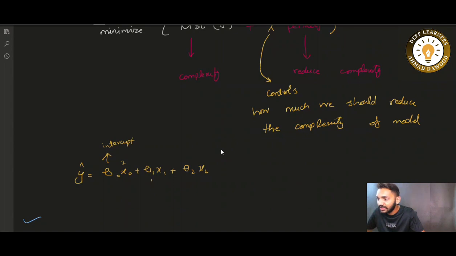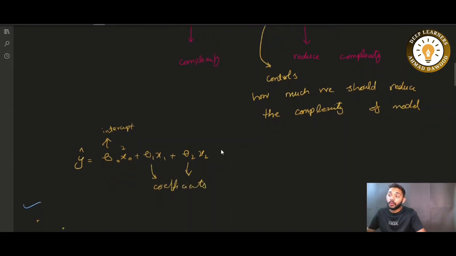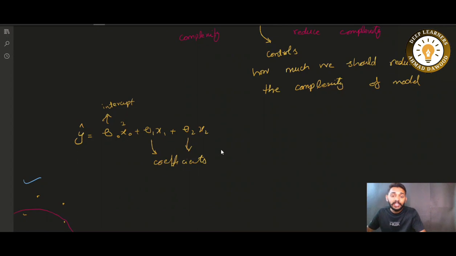Theta 1 and theta 2 are the coefficients, and in other words you usually say that these are the slopes.